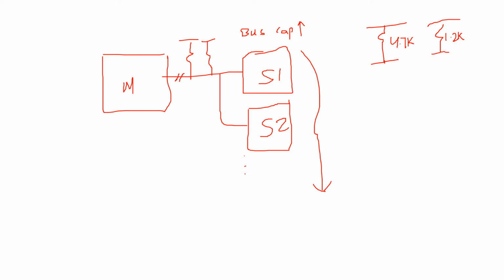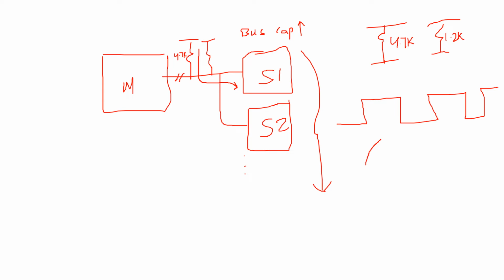So here, as the number of slaves increase and the capacitance increases, what happens is, if a square wave is output from the master, because of the capacitance, the rise time shall increase. So when you have, for example, a 4.7K pull-up resistor, this pull-up resistor only supplies the slaves, right? Because that is the only resistor where you will have the power for an open collector or an open drain configuration.